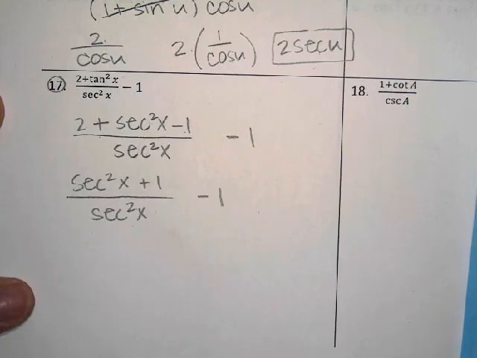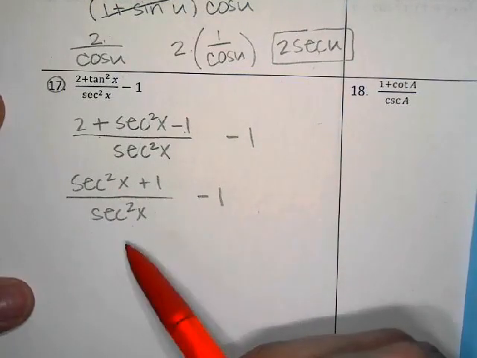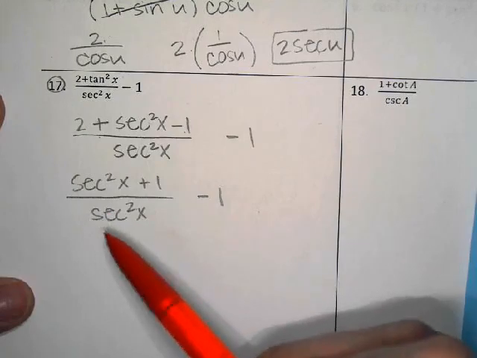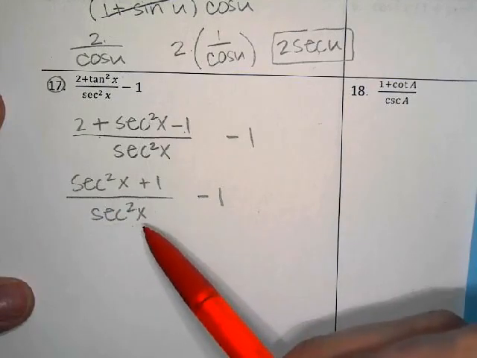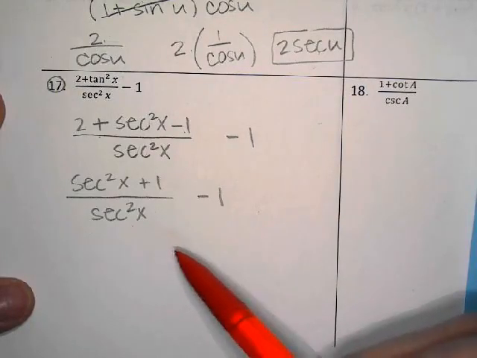So what I was thinking of is you could split this into two fractions. Is that what you were saying? Two fractions with the same denominator? What were you saying? Oh, that's a good thought.